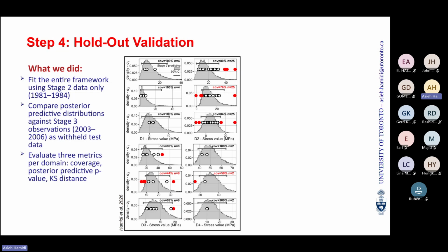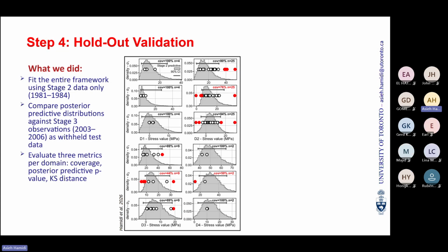We take those data, build up the model, and based on stage 2, we estimate the stress state for stage 3 before we observe stage 3. Then we compare our estimate with stage 3 to capture how precise the model is.